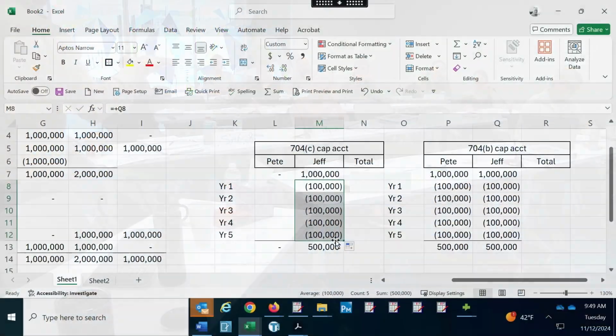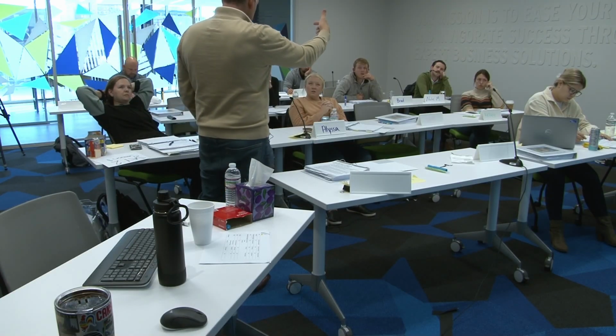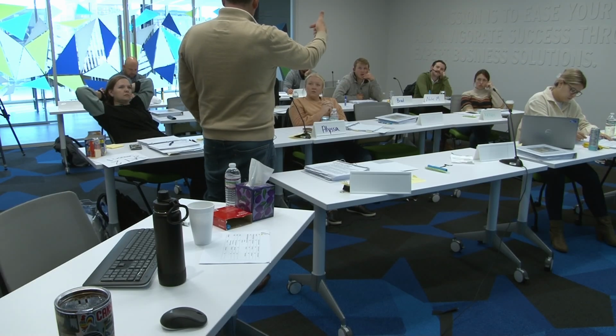So let's put this in the most stark of fact patterns. Jeff is owed 100 of depreciation. We're going to give him 100 of depreciation. And I'm going to pretend that we have no income, and this is not the way this works, but this is going to drive the point home. We have no income, and we have no expenses for 5 years. We don't collect $1, we don't spend $1. Everybody agreed on what our fact pattern is?